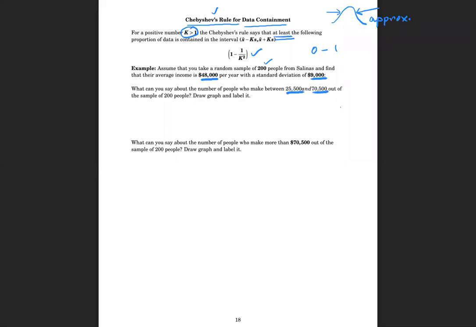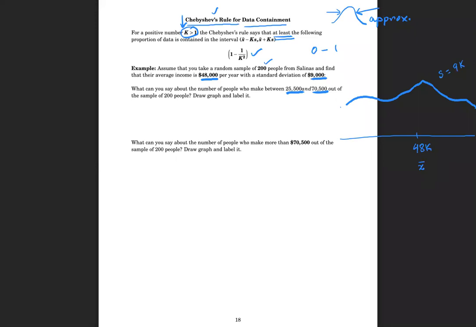Now remember, k is the number of standard deviations that you move to the right or to the left. Let's say this is the distribution, I'm just making it up, something like this. Your mean is somewhere here, 48K, that's your x bar, and s is 9K.